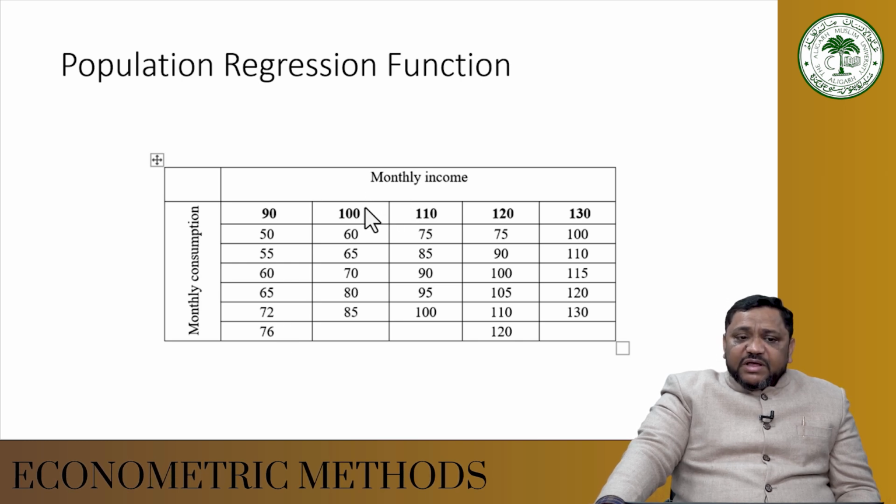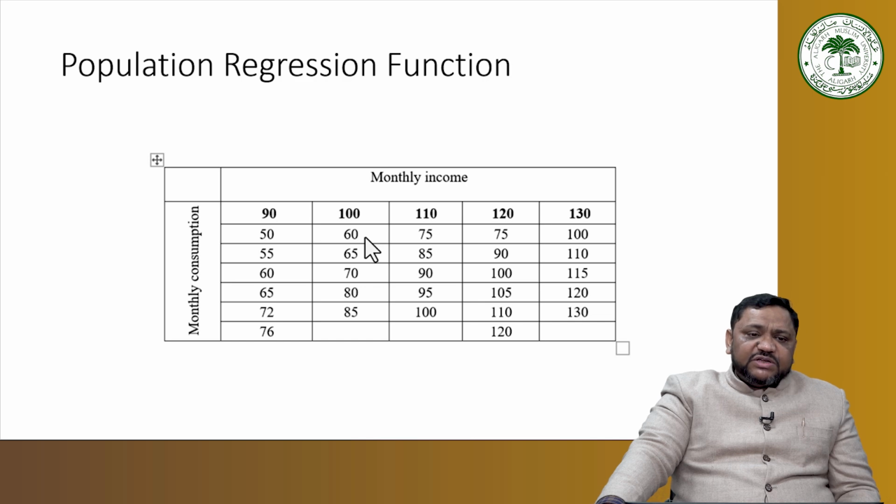Similarly, the family having a monthly income of 100 has a consumption of 60, the next family 65, the next 70, then 80, finally 85, and likewise for the remaining 3 levels of income.